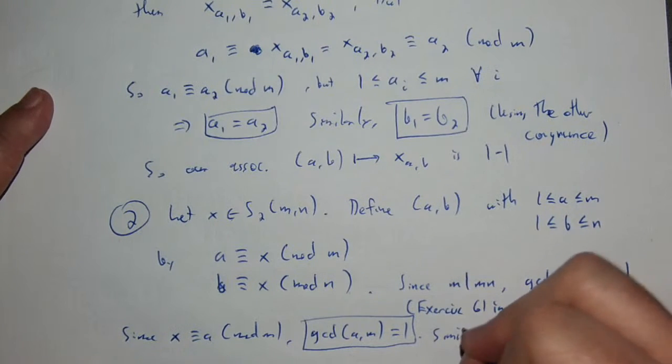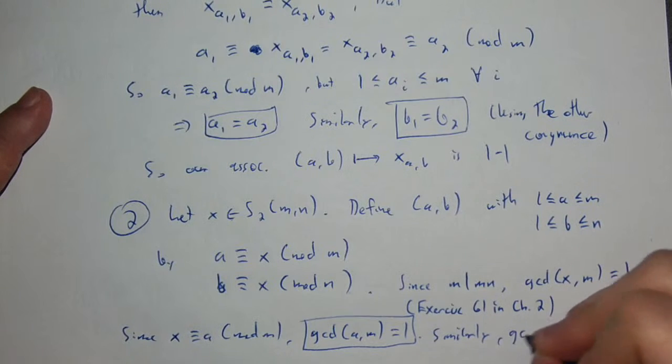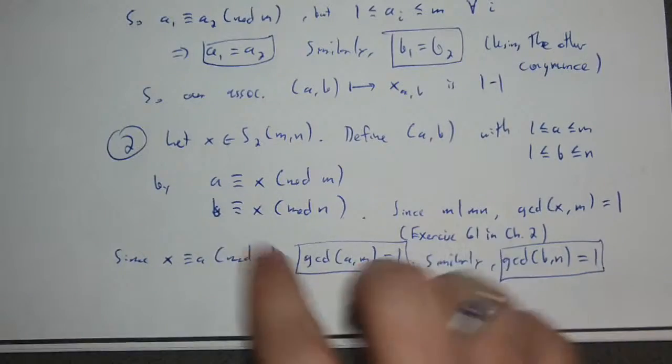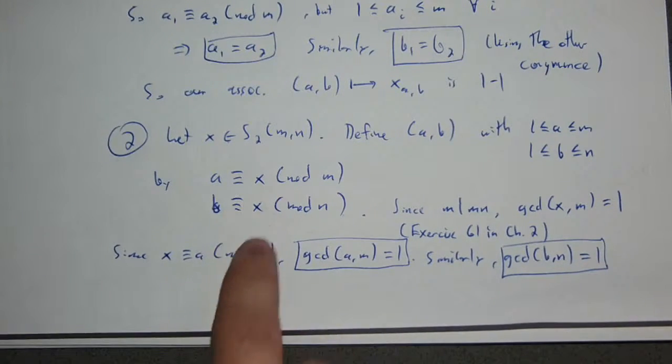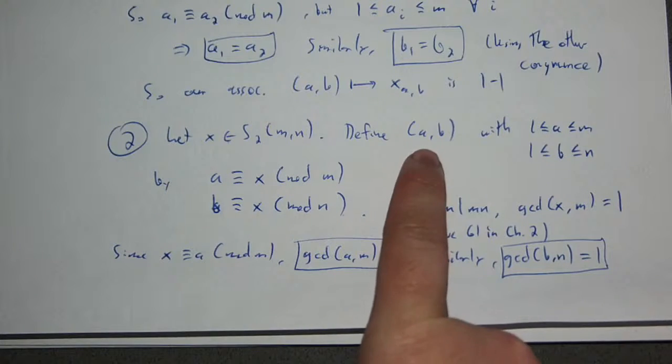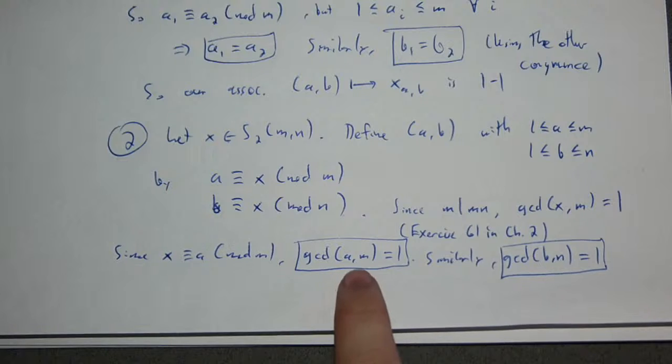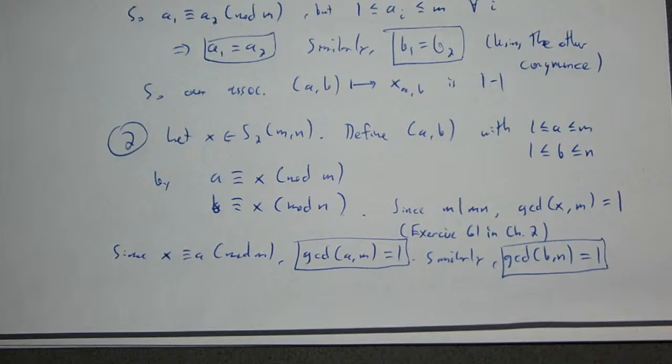Similarly, the GCD of b and n is 1. And so, given an x, we can set up this pair of congruences that defines an ordered pair (a, b) with a and b between 1 and m and n respectively that are relatively prime to m and n respectively.